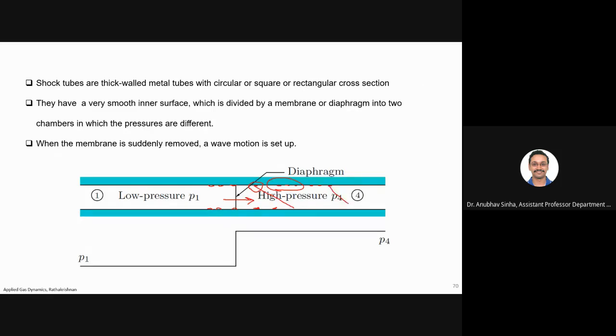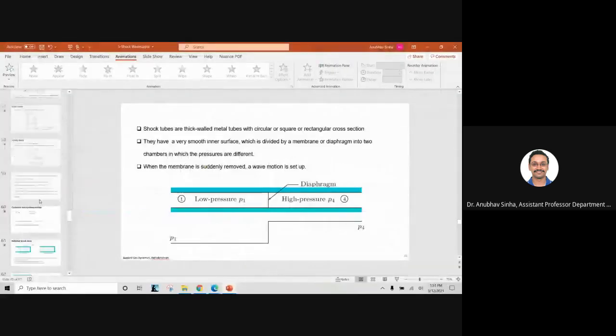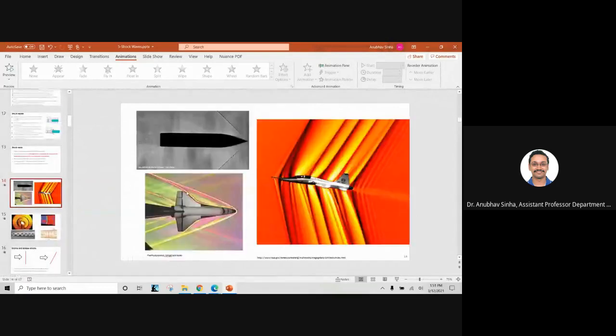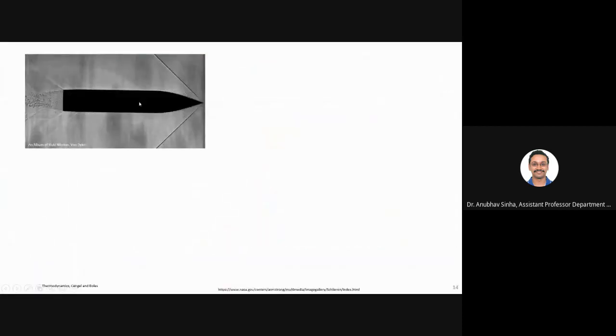Yes or no? Go back to the initial slides. What do you see here? If in a supersonic flow you put a bluff body or an obstacle, we see shocks, right? These are shock waves.